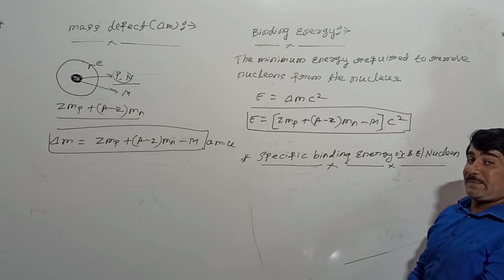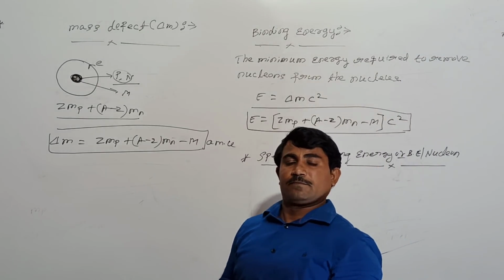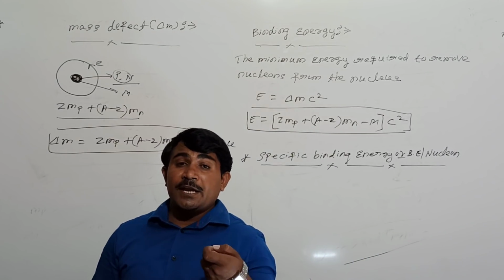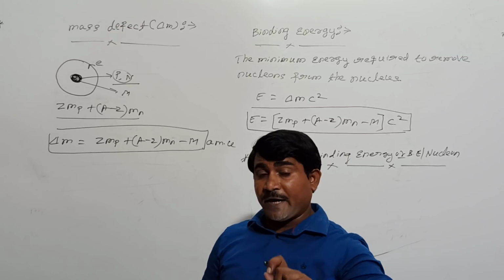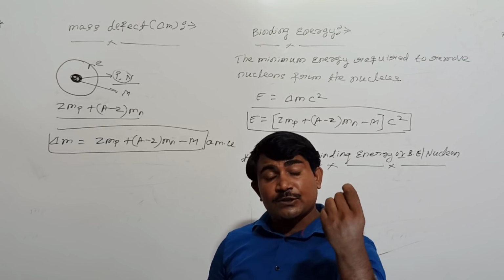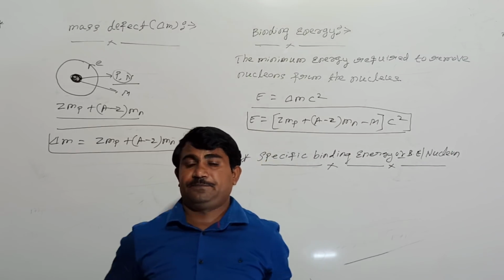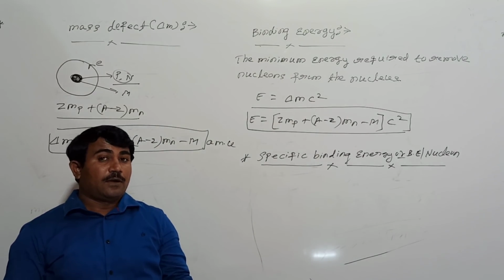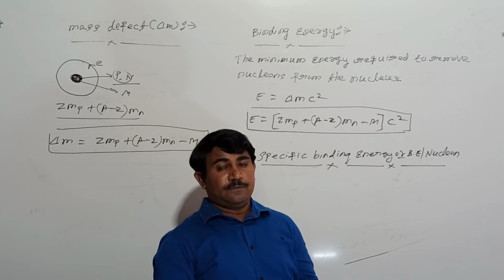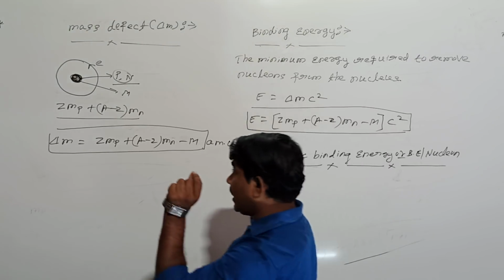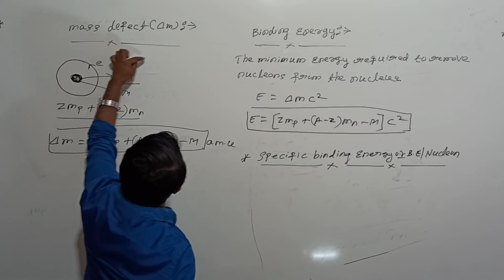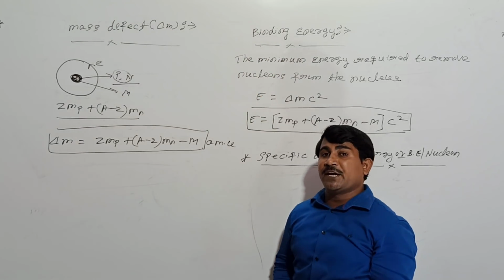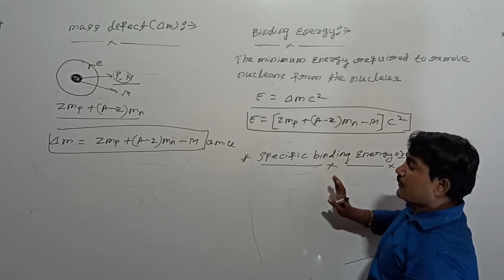How to define specific binding energy here? Specific binding energy is the energy required to separate a nucleon from the nucleus to an infinite distance. That we are calling specific binding energy or binding energy per nucleon.